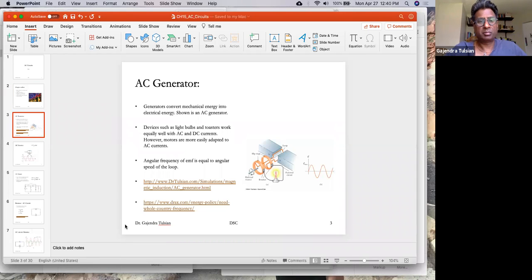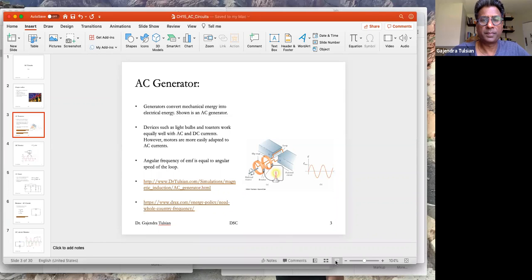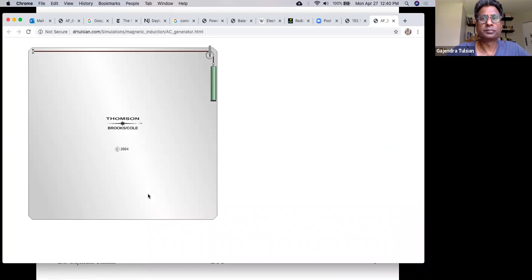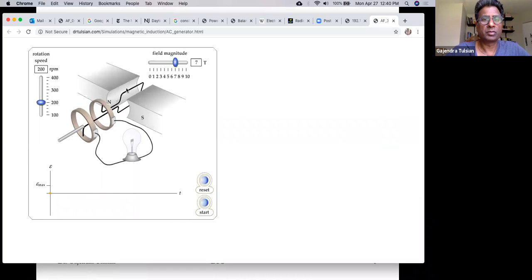Okay, so let me show you an AC source. Okay, so here's a loop of wire placed between a magnet. And if you make this loop turn, and we've learned about several ways of making the loop turn. In a windmill, the wind turns the blades, which in turn turns this loop of wire.